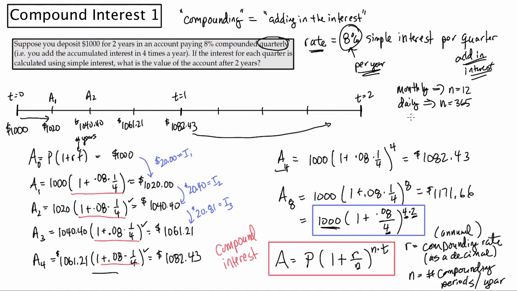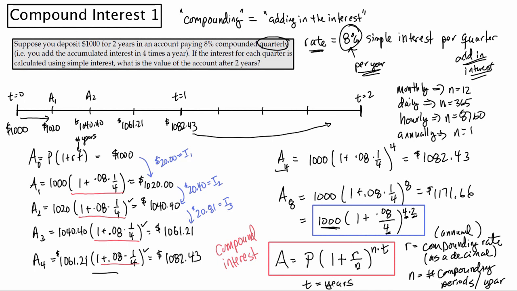You could look at hourly. You could compound the interest every hour. That would be 8760. Or you could look at it annually. Say you just want to add in the interest at the end of every year, then N would just be 1. Or it could be 4 like this example. But the point is, N measures the number of compounding periods per year, and T is the same as in the simple interest formula. T is always going to be in terms of years.